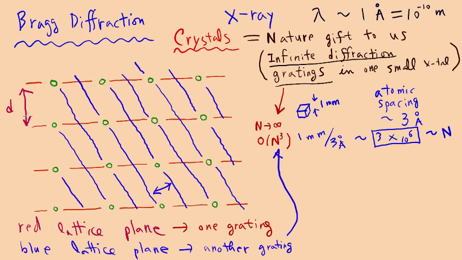Because the spacing is different, these are two different gratings, and because the orientations are different, depending on how you orient your crystal, you can make use of this grating, the red grating, or the blue grating, or any other one of the gratings that you find in the crystal. So that's how it goes.